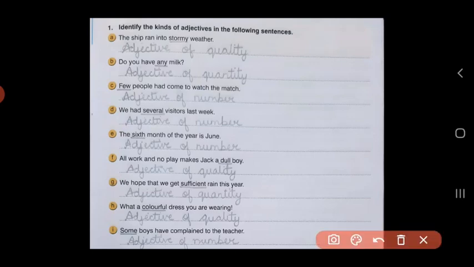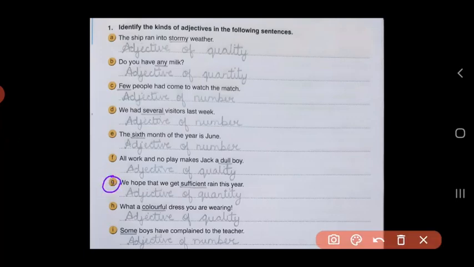The 6th month of the year is June. 6th is the order. So 6th will become adjective of number. F. All work and no play makes Jack a dull boy. What kind of boy? Dull. So dull will be adjective of quality.